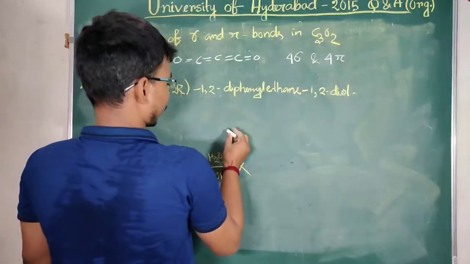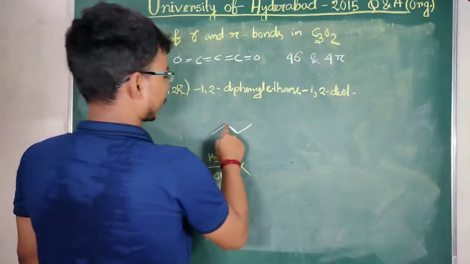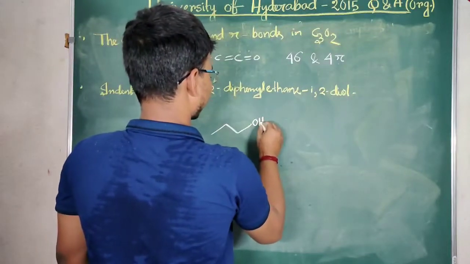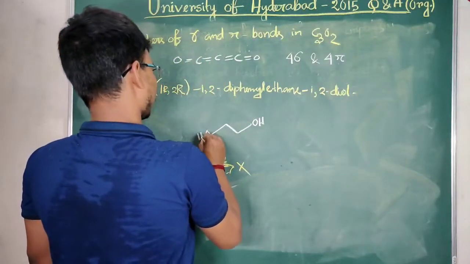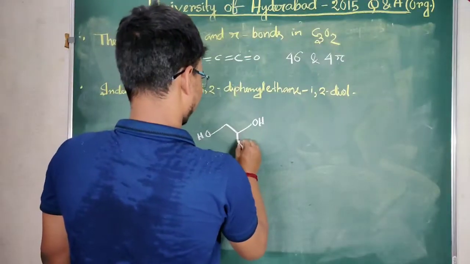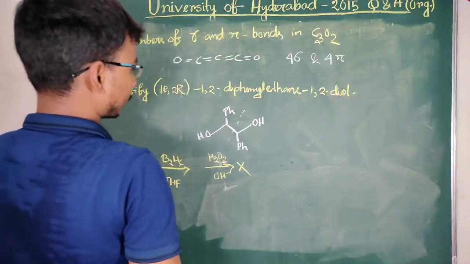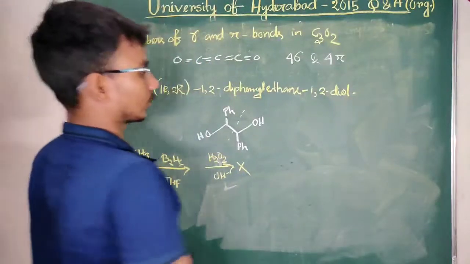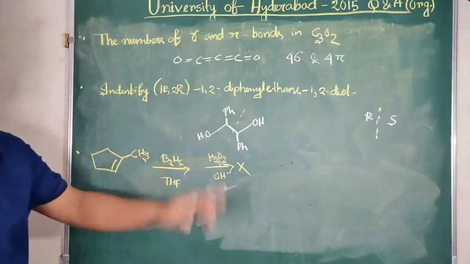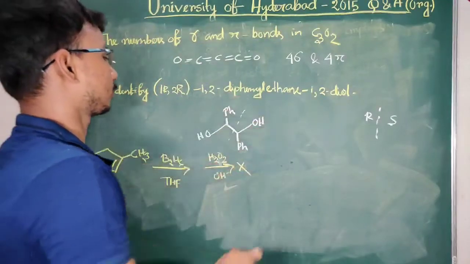So the structure is ethane. No, it's not a meso compound. R is a mirror image of S, so RR is not a meso compound. It doesn't matter. We have to predict this structure.